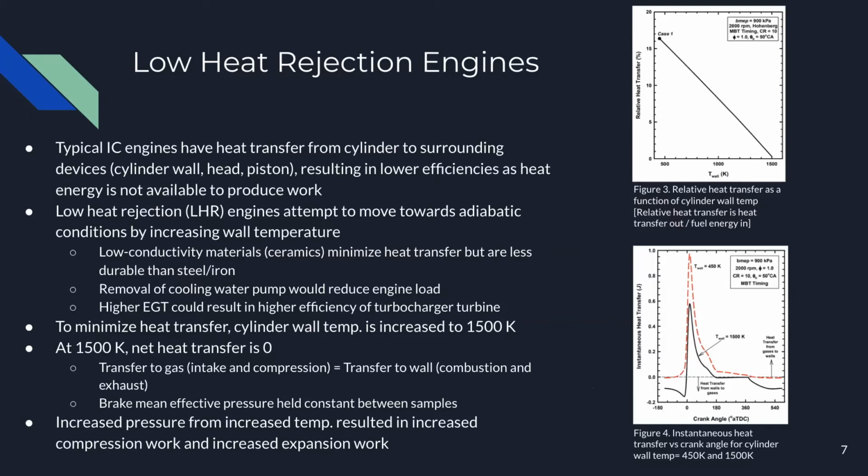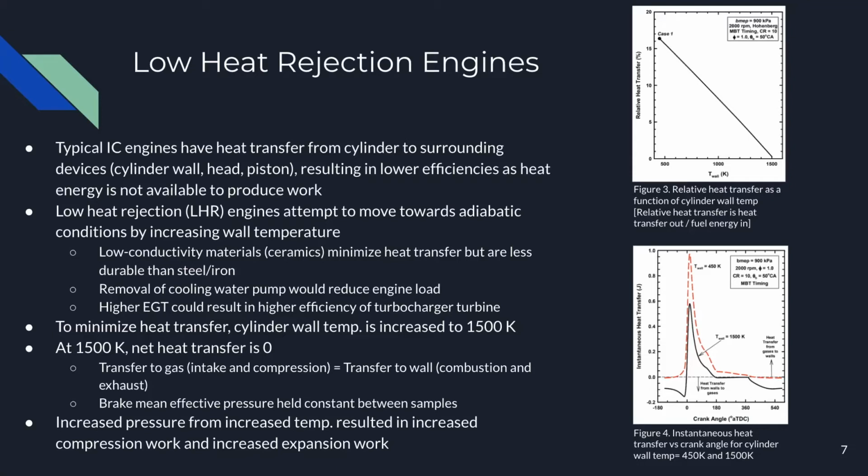To achieve this, we typically see a low conductivity material, such as a ceramic, used to reduce the heat transfer out of the cylinder during operation. But that typically comes with another concern of durability, where the ceramic can't hold up to the typical operation that we see.